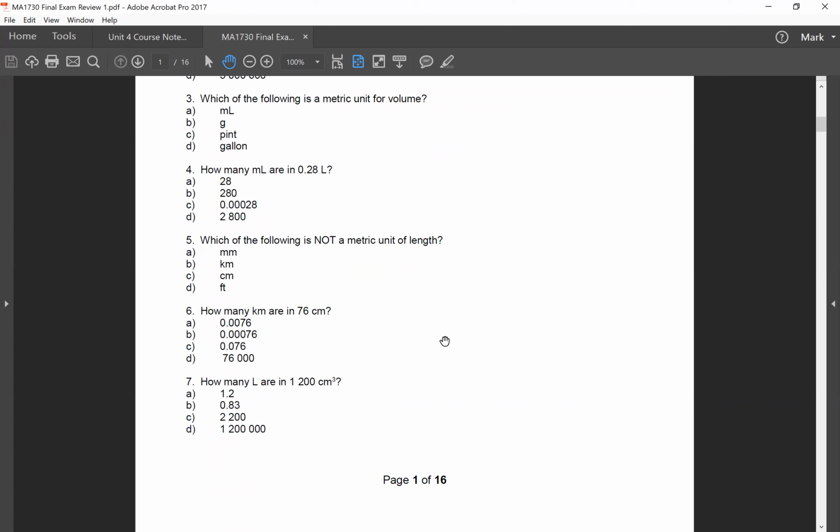One thing to be careful about is in something like number 7, where you're going from liters to centimeters squared. All of this is on your formula sheet, except for number 5. Number 5 says, which of the following is not a metric unit? Definitely feet, right?